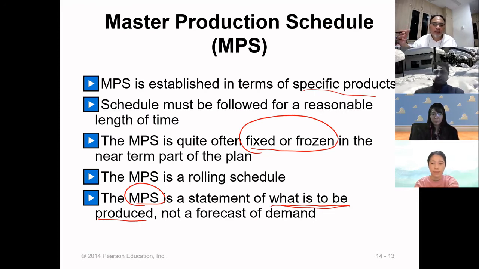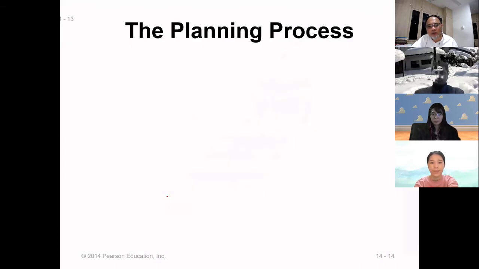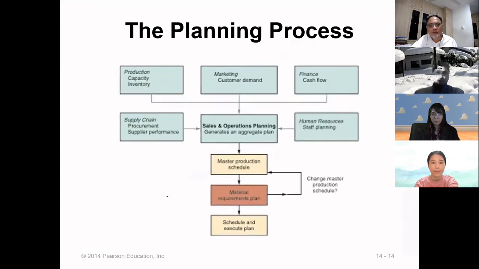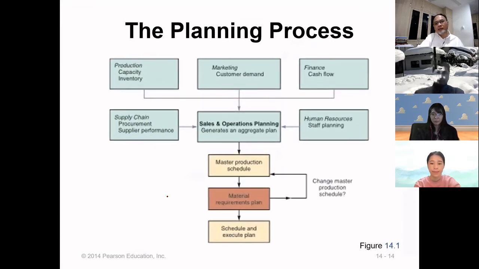That is your master production schedule, and of course it depends on the forecast as well. Remember last week we talked about this. Last week was the aggregate plan, and from the aggregate plan they produce the master production schedule.